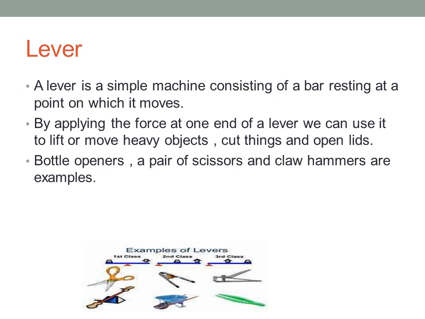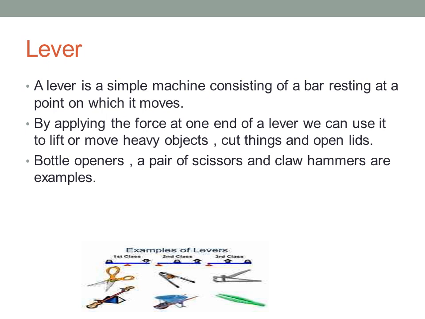Okay, what is a simple machine? A lever is a simple machine. It consists of a bar resting at a point on which it moves. Have you seen a scissor? Did everyone see a scissor? In the middle, a small nut will be there. On another side, the two round things will be there.